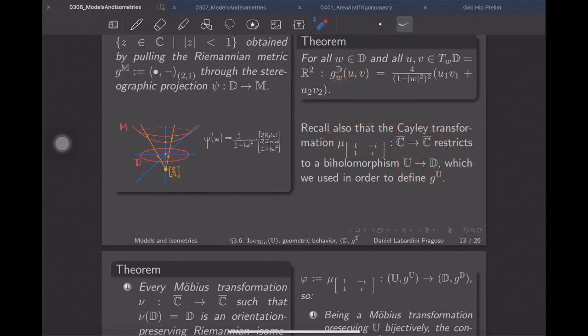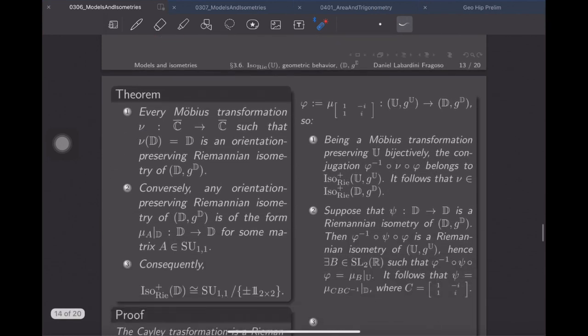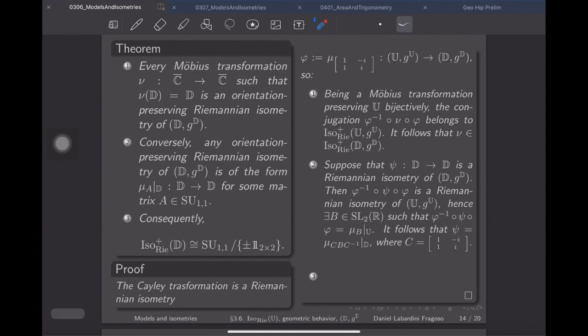That is, using that the Riemannian metric on U was defined precisely to make the Cayley transformation a Riemannian isometry between U and D, we can simply transfer everything we know about the upper half plane to the Poincaré disk. So that's pretty much what we did.